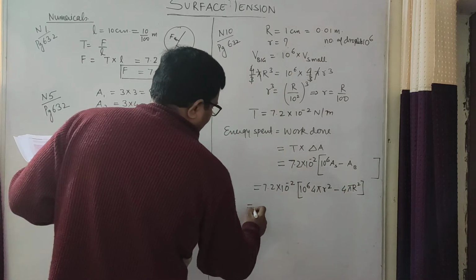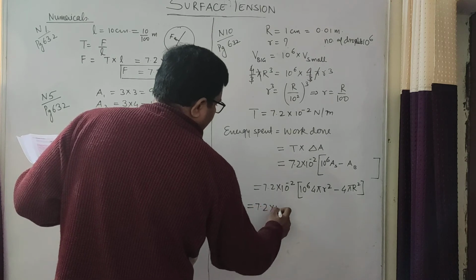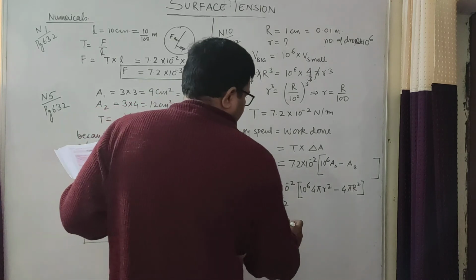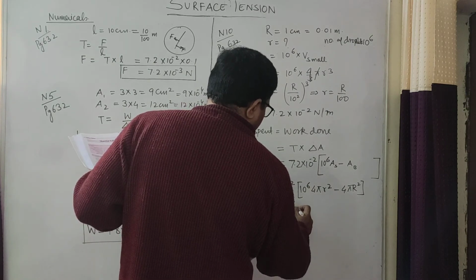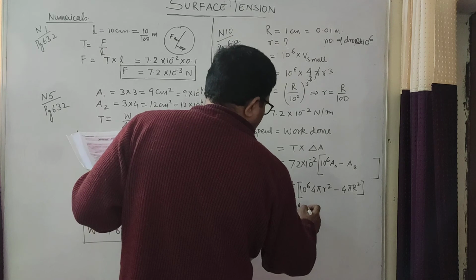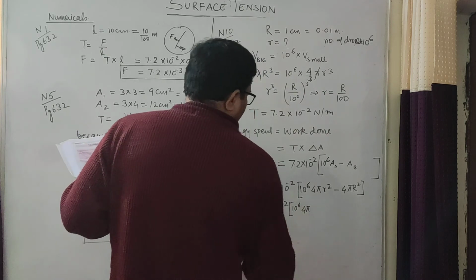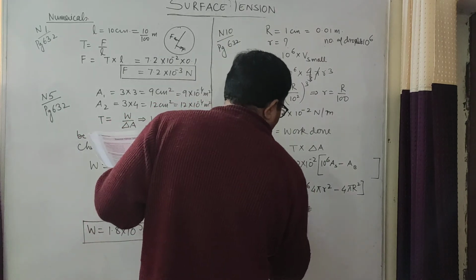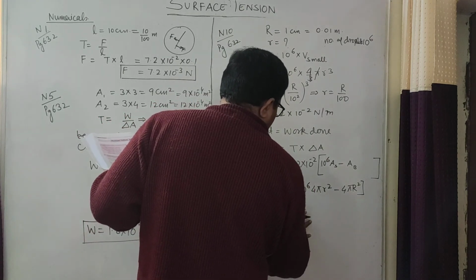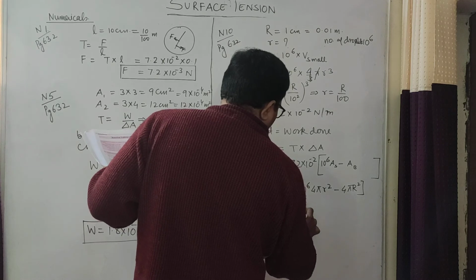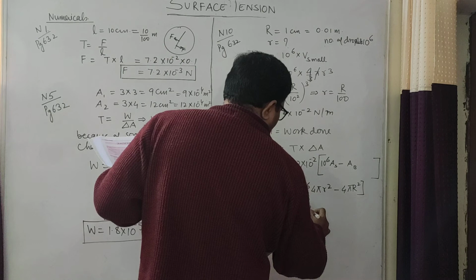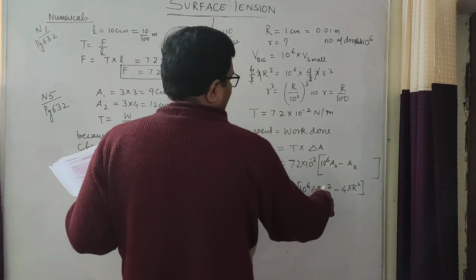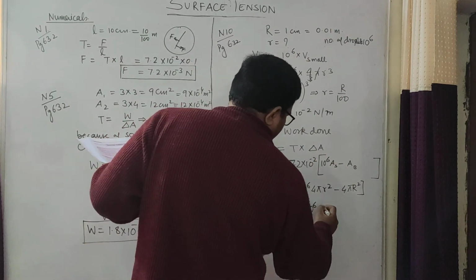This can be further solved. If I take 4 pi as common, inside the bracket 10 to the power 6, in place of small r I can put R by 100.